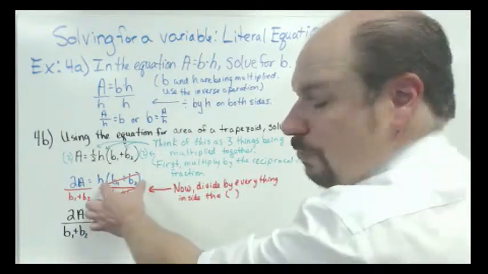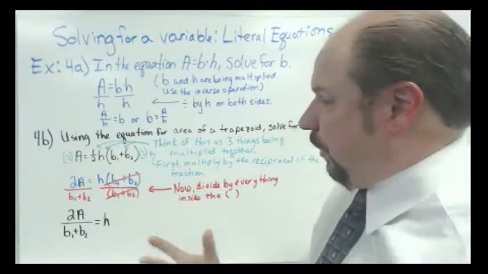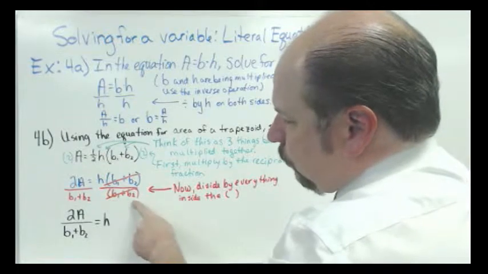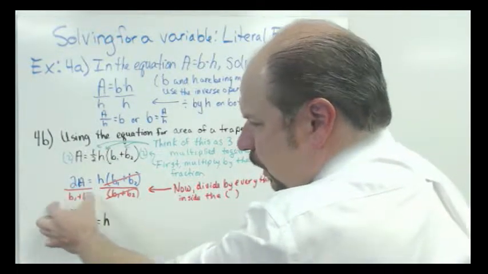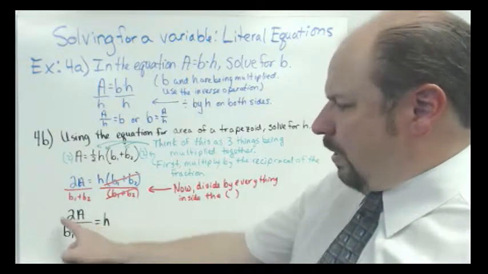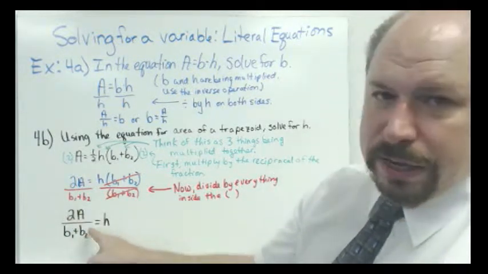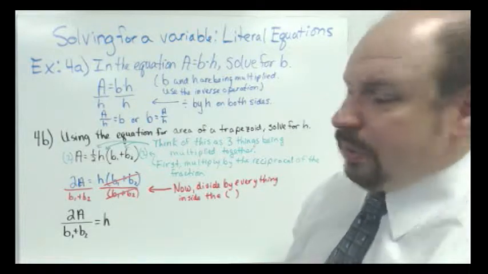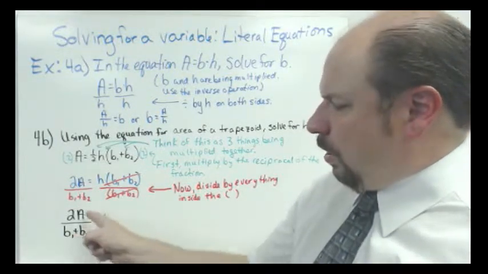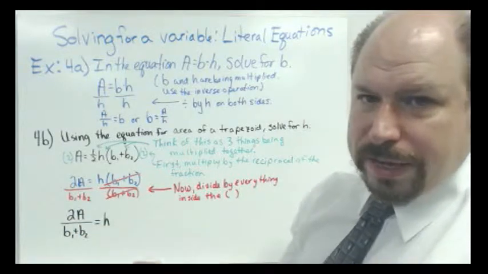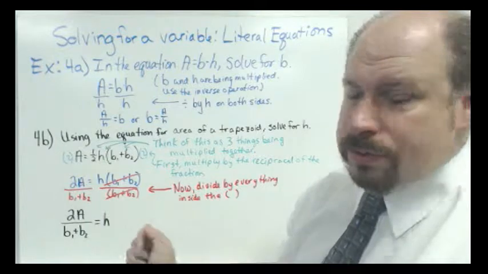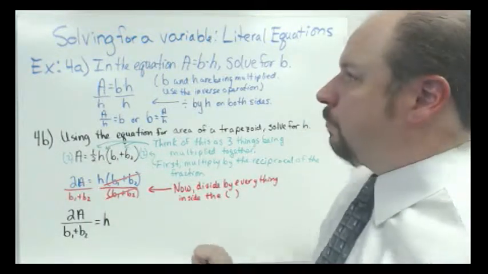So we just need to divide by everything else other than the H, which is B1 plus B2. So divide both sides by that B1 plus B2, and we get H is equal to 2A over B1 plus B2. So if we knew what all of these were other than H, we could easily plug in all of those numbers and solve for H really quickly.